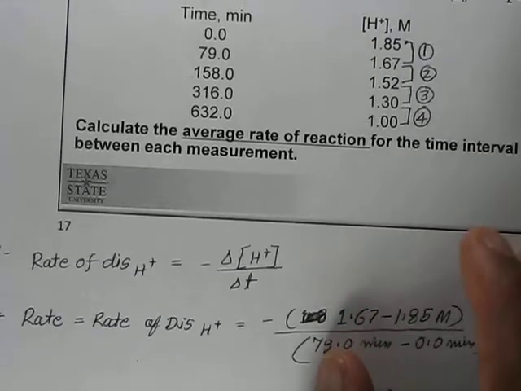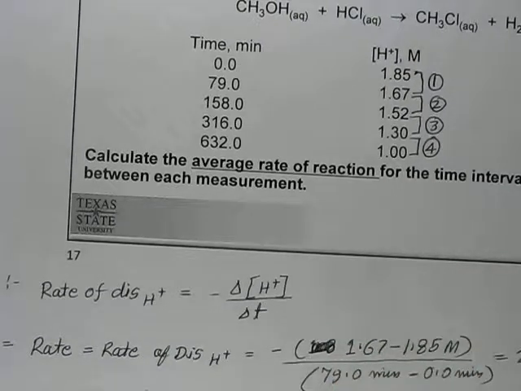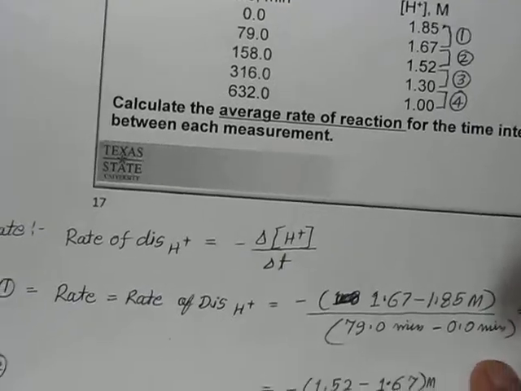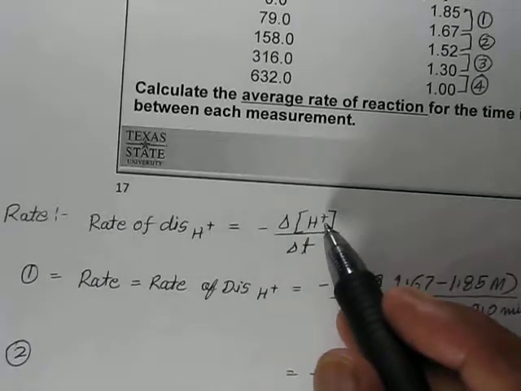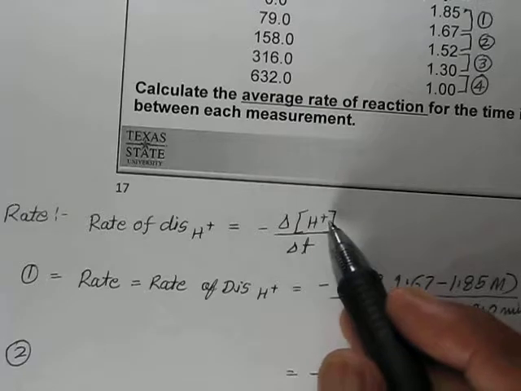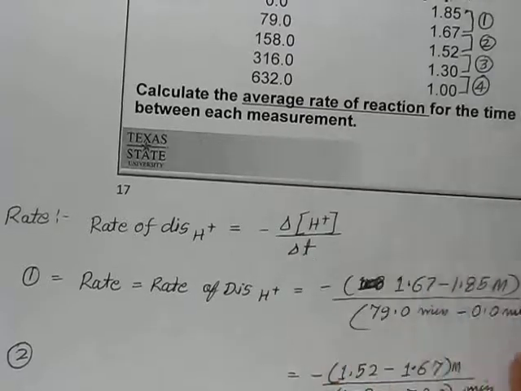So how will we calculate the rate of disappearance? The rate of disappearance of hydrogen ion concentration, we can write the expression like this: negative change in molarity of hydrogen ion concentration divided by delta T.